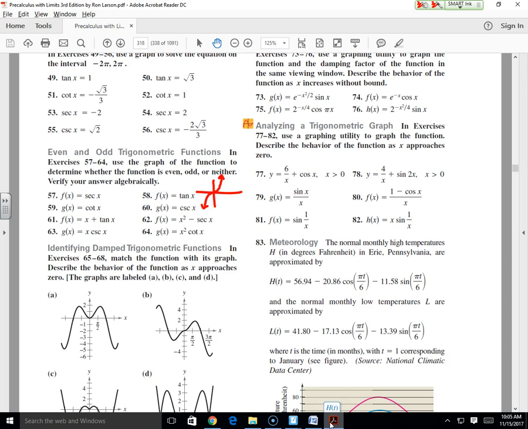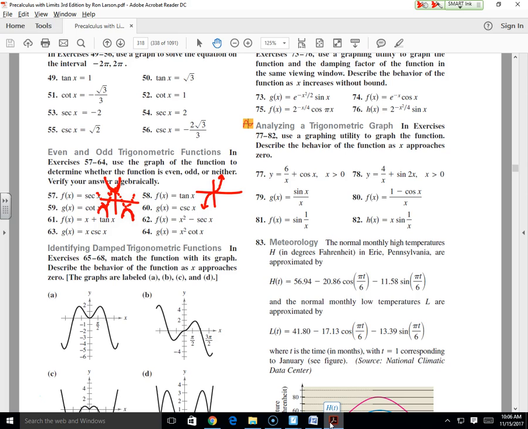But if we look at something like secant, secant bounces off of cosine. I can't change colors up here, but if you look at secant, doesn't he have y-axis symmetry? He's even.